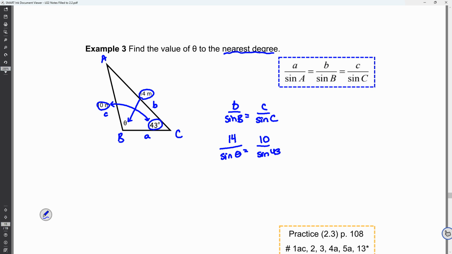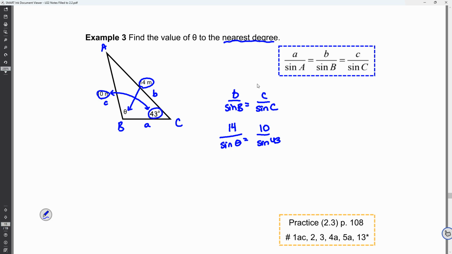If I'm solving for sine theta here, all I would do is cross multiply, and sine theta is equal to 14 times sine 43 over 10, which gives me sine theta is equal to 0.954 and so on.